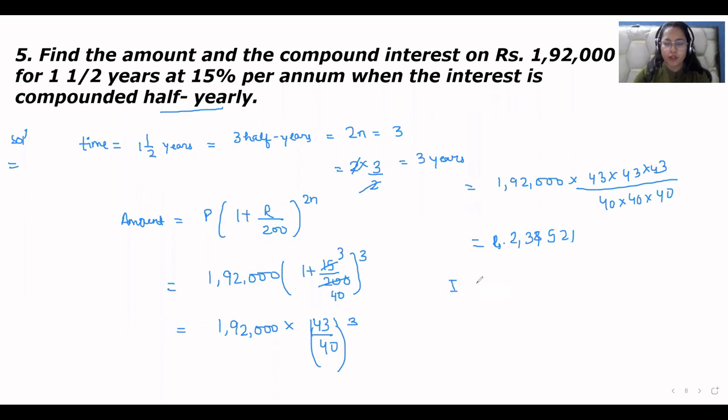So our compound interest is amount minus principal. Amount is 2,38,521 and our principal is 1,92,000. After subtracting, we get rupees 46,521.